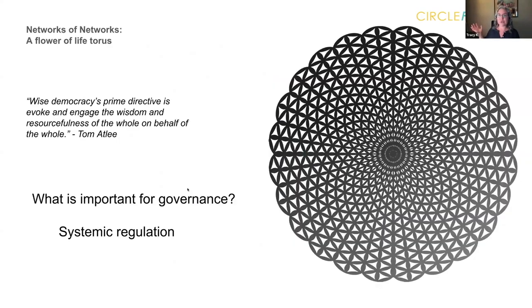So the last visual, and again, what does this mean? The network of networks, and this is an image of a flower of life torus. It's taking that flower of life pattern and mapping it into the torus, the continual surface. What we're trying to get to is a systemic regulation, a sense of us.